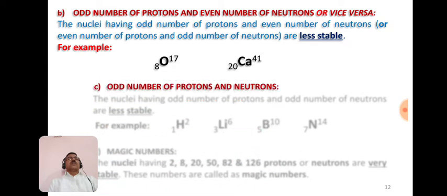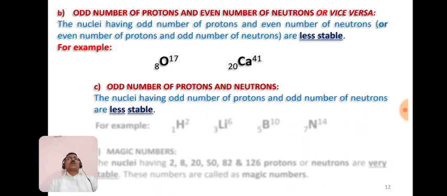Now third case is odd number of protons and neutrons, meaning when both protons and neutrons are odd, such nuclei are also less stable, as there are no paired neutrons or paired protons. So see here, for example, hydrogen atomic number 1 and mass number 2, meaning there is one proton and one neutron, they are not in paired form, so this nucleus is less stable.